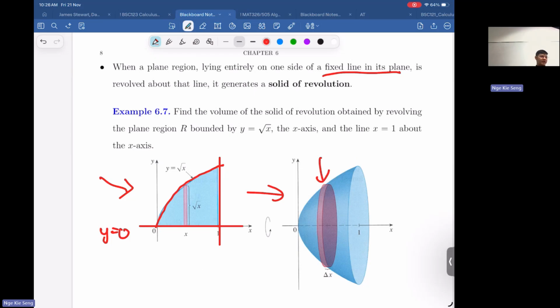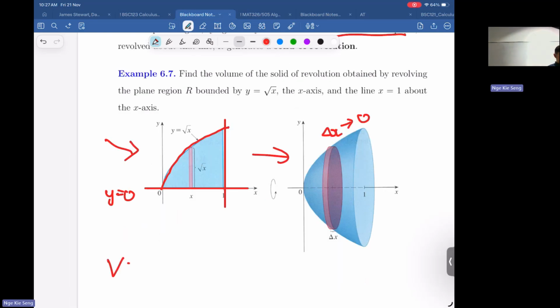How do you call this? A pie. Not cylinder. What do you call it? A disc. Okay, a disc with some thickness here. But you want the thickness to get to 0. So this delta x here, you want it to get to 0.